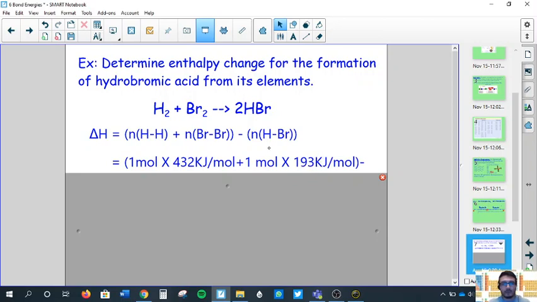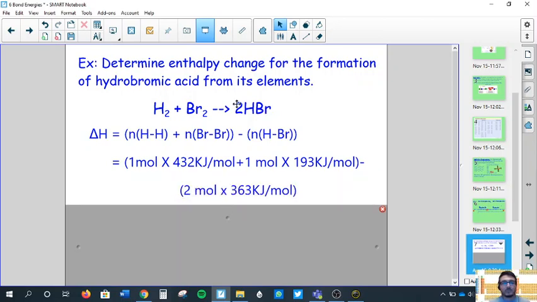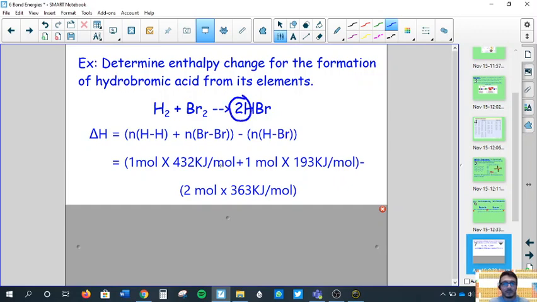And we're done there. This is the sum of all of your reactant bonds minus the sum of your product bonds. In this case, we don't have a coefficient of 1, we have a coefficient of 2. So that 2 has to be taken into consideration here. 2 moles times, this comes from your table.